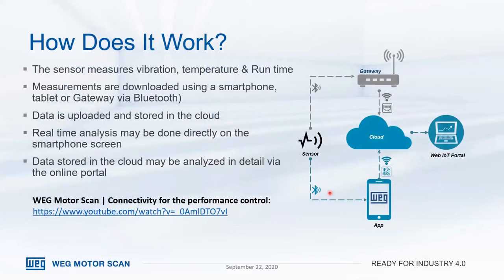So how does it work? There's two different ways. We talked about using a smartphone to extrapolate the data from the sensor, but you can also utilize a gateway. Wirelessly, we're able to pull the data from the sensor via the gateway, and it uploads it to the cloud, or we can do it via the phone app.